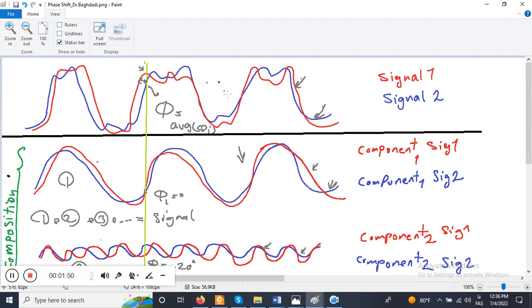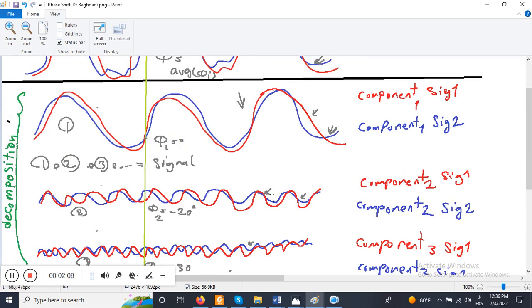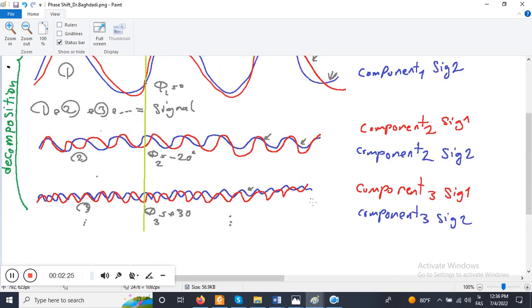The Hilbert transformation decomposes two signals to their frequency components. These two signals contain, for example, three components with different frequencies and different amplitude. Here we have decomposition, component 1 for signal 1 and signal 2, component 2 for signal 1 and signal 2, and also component 3.